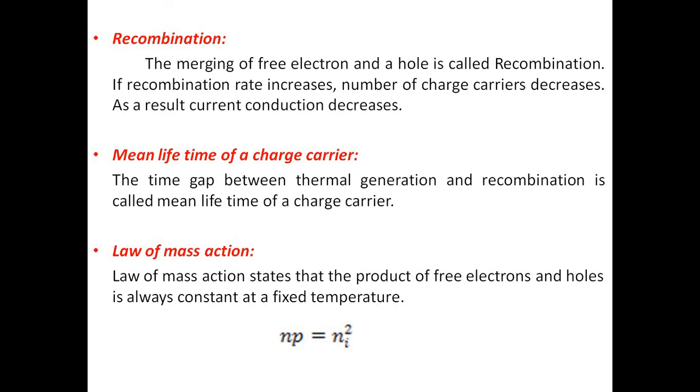We know n and we know p. n is equal to p, which is equal to ni. If it is a product of electron and hole, it is ni into ni, that gives you ni squared. np = ni². This is the basic equation for the law of mass action.